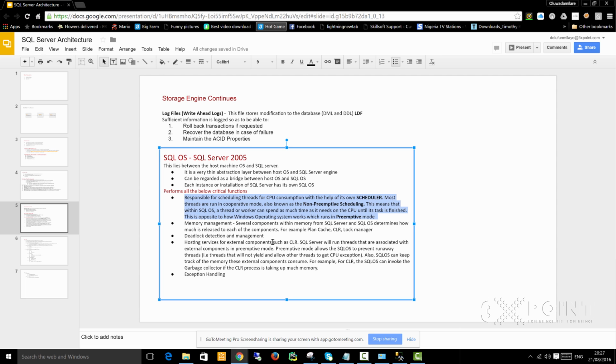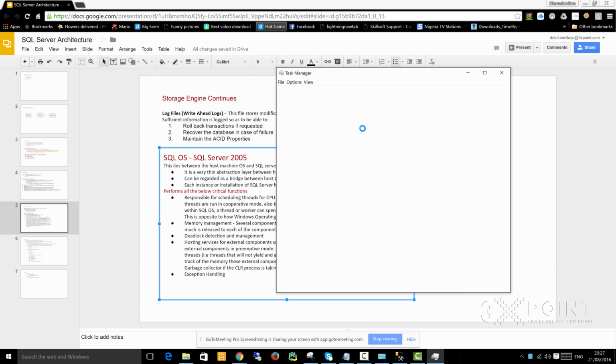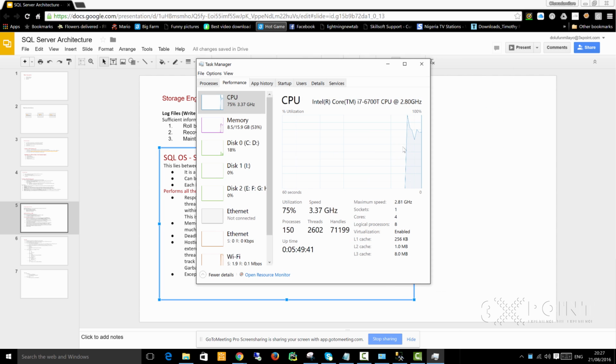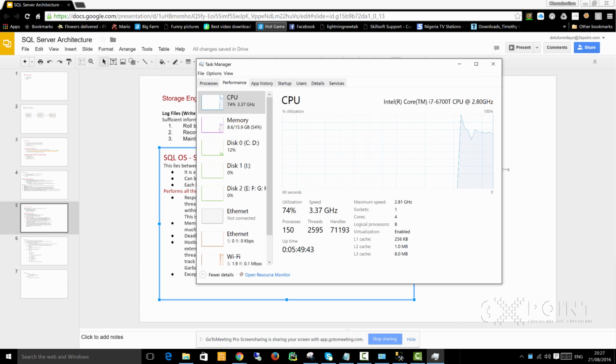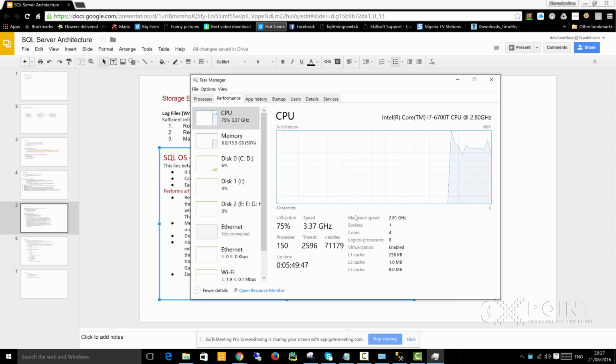All right, now this is something to actually talk about. I'm going to bring up my task manager, and if I go into performance, you would see that, let me bring it closer and expand it a little bit. All right, so you would see that I have one socket and 4 cores, and I have logical processors, which is 8.